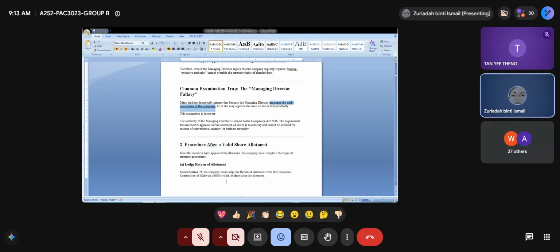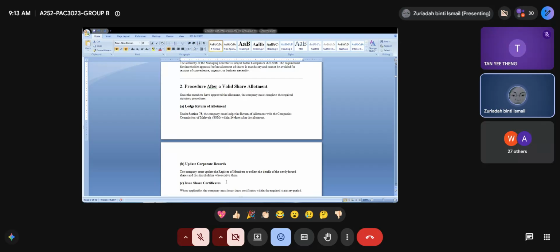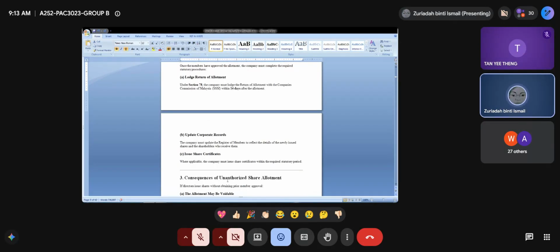For how long? 14 days. Update the necessary records, then issue the share certificate. But the share certificate is not mandatory. It depends on the request from the member.